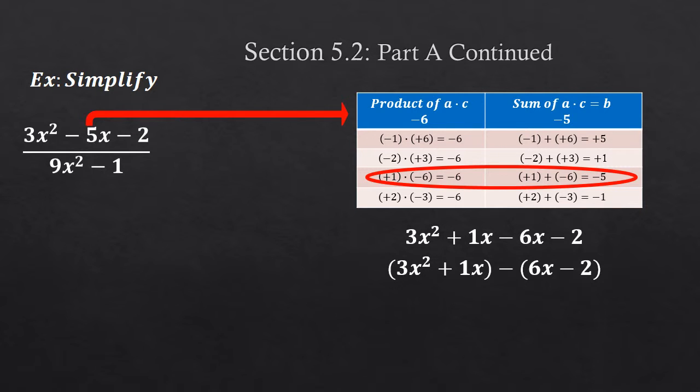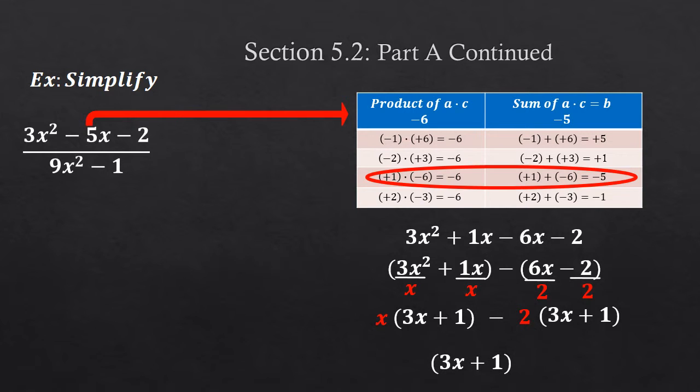The first 2 terms have an x in common, which means if I divide by x, I'm left with 3x plus 1. The second 2 terms have a 2 in common, and if I take that out, I'm left with, once again, 3x plus 1. The binomial is in common, which is 3x plus 1, so if I factor that out, I'm left with x minus 2.